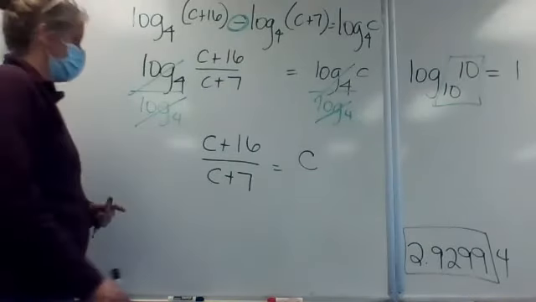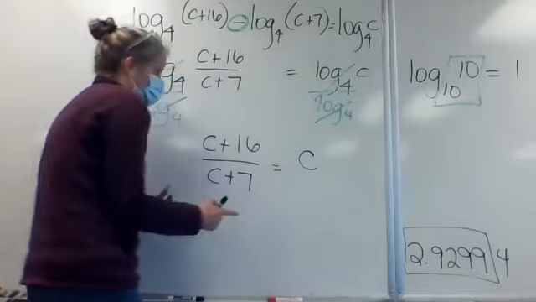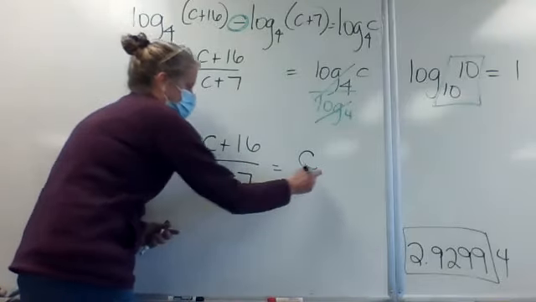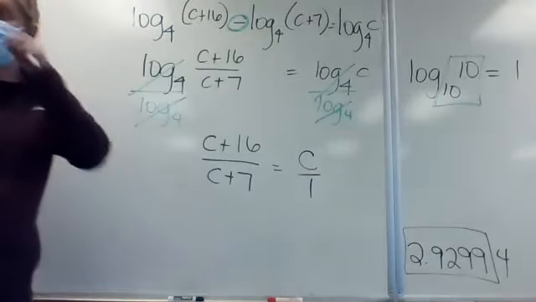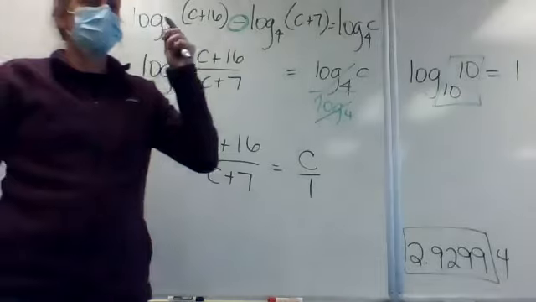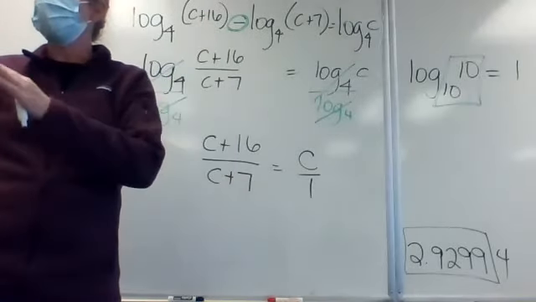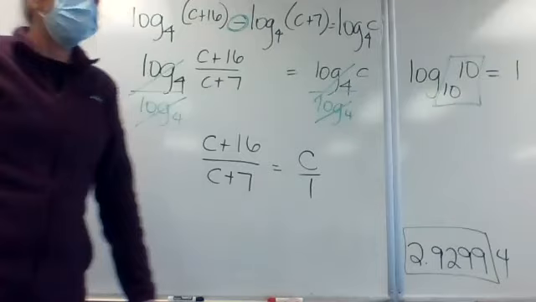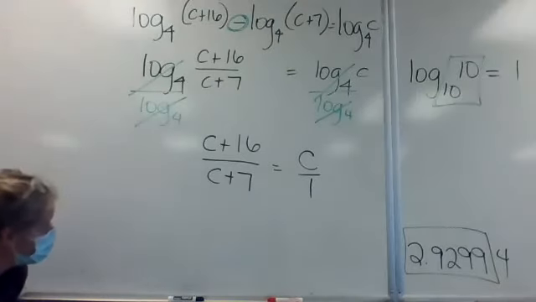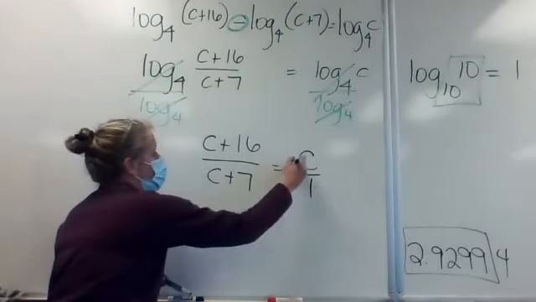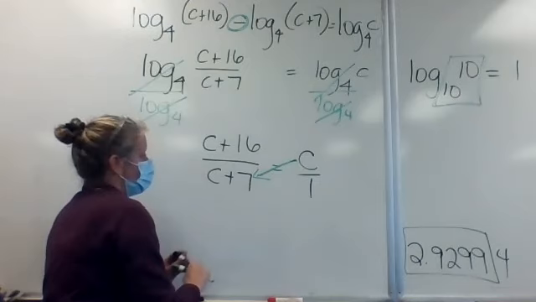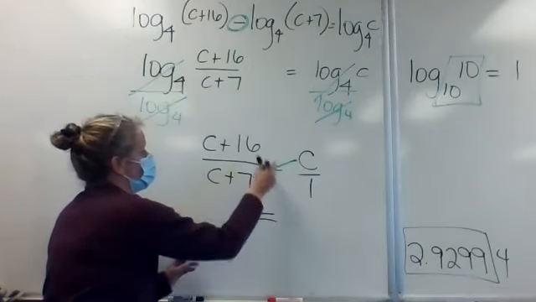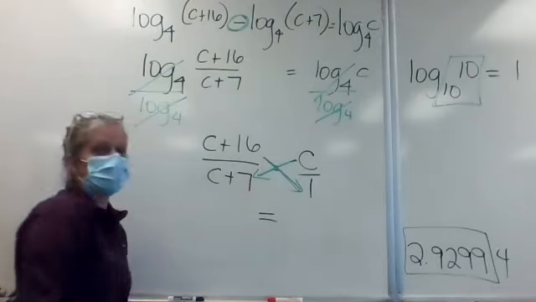Now, remember way back when, I'm still solving for c. I've got c's all over the place. If I can turn this into a proportion, I can solve it by cross multiplying. What does cross multiplying say? It says if you multiply one diagonal, it's going to be equal to the multiplication of the other diagonal.